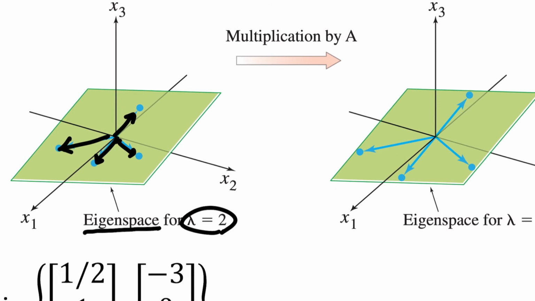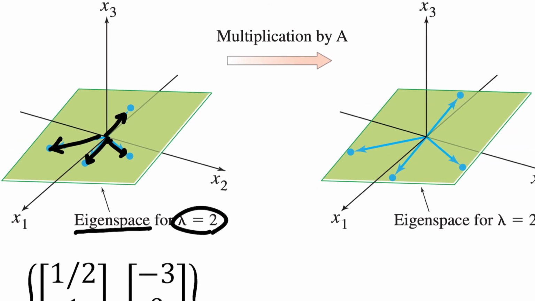As we discussed previously, by multiplying matrix A on this eigenvector, the direction of the eigenvector would not be changed, only the length of this eigenvector is changed. In this case, the length is determined by lambda. Lambda was 2, right?